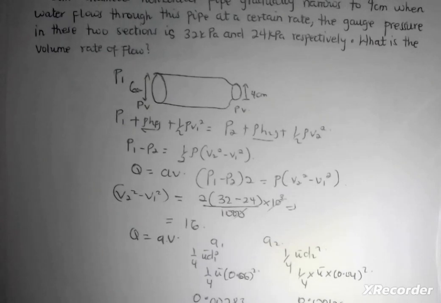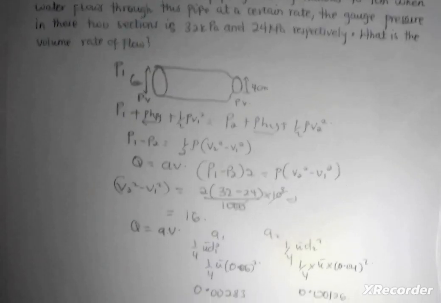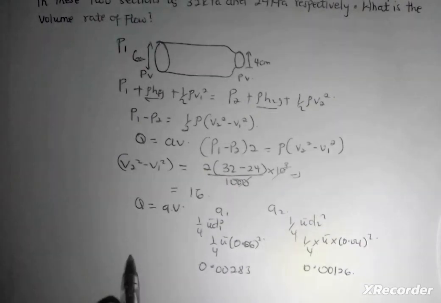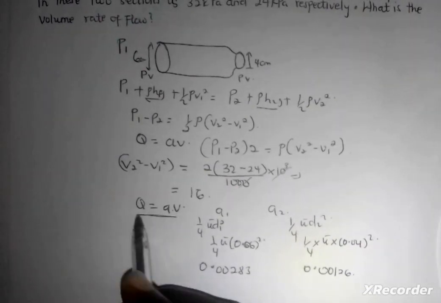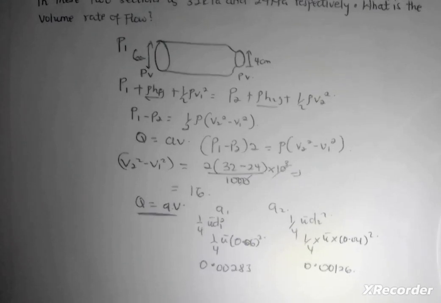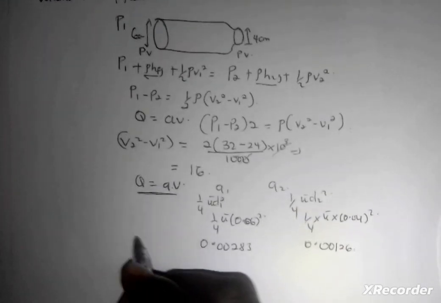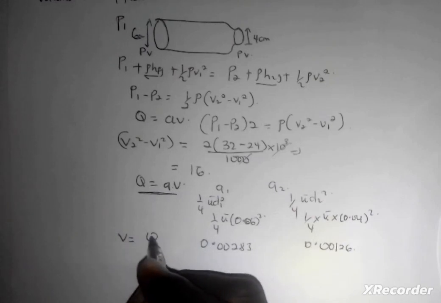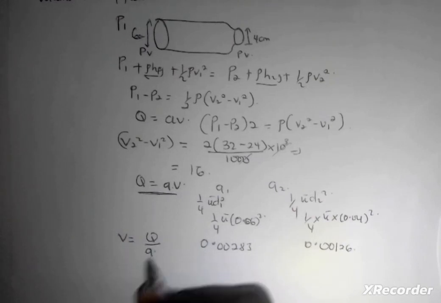I have the two areas now. Then what am I supposed to do? From this side, we have Q is equal to A and V. But since you have two different areas, we can also find our change in velocity at this side once again. Velocity from this side is going to be Q over A, right?